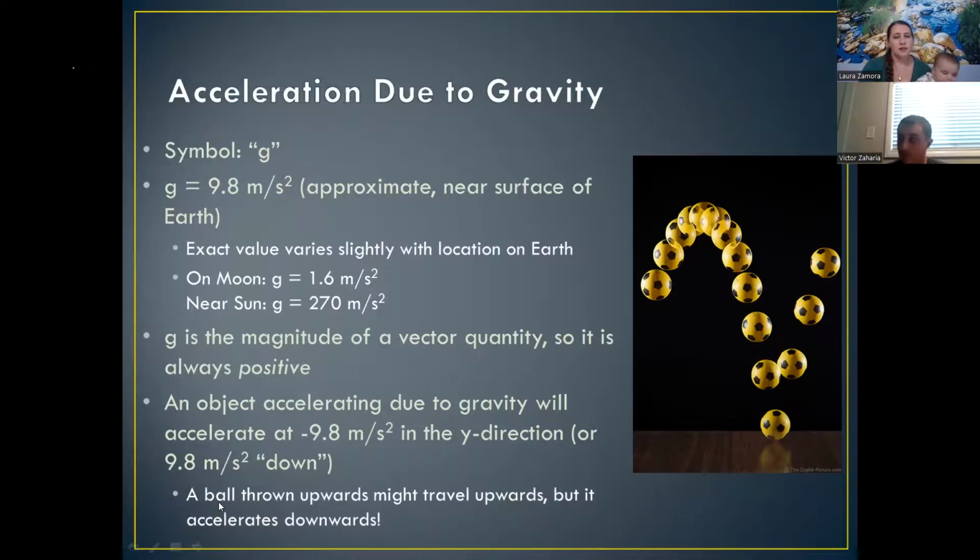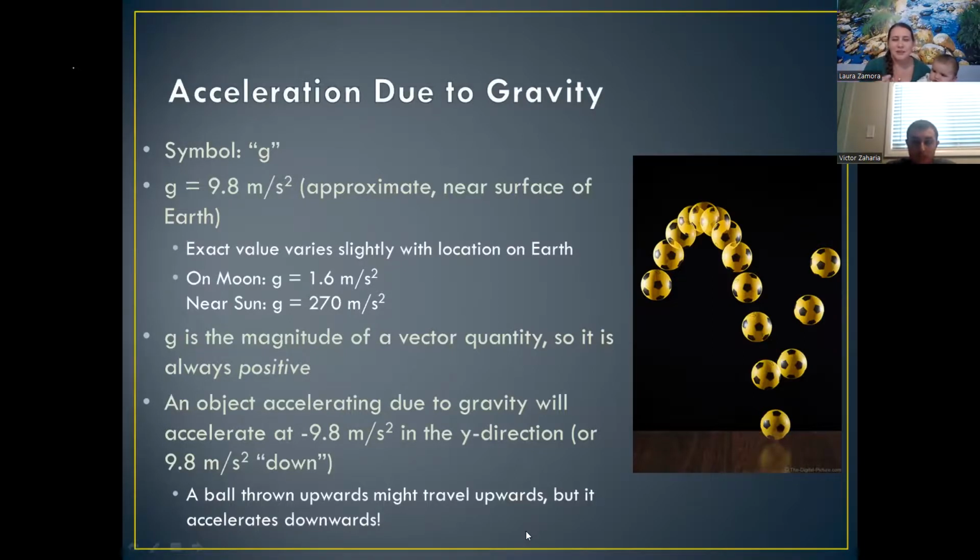Okay. So looking at this last bullet point here, this white one: a ball thrown upwards will travel upwards, but while it is traveling upwards, it is accelerating downwards, which feels like a bizarre thing to say. Oh yeah, it's traveling up, but it's accelerating downwards.